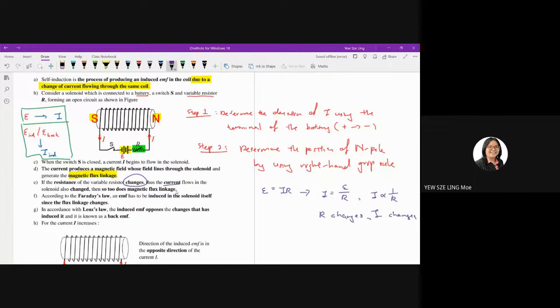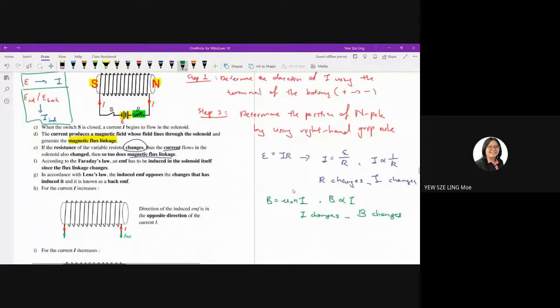If I changes, then so does the magnetic flux linkage. Why? Try to recall the relationship between I and B. In chapter 4, we know that B equals mu naught N I, in which B is proportional to I. Therefore, when I changes, B also changes. So that is what happens right here.